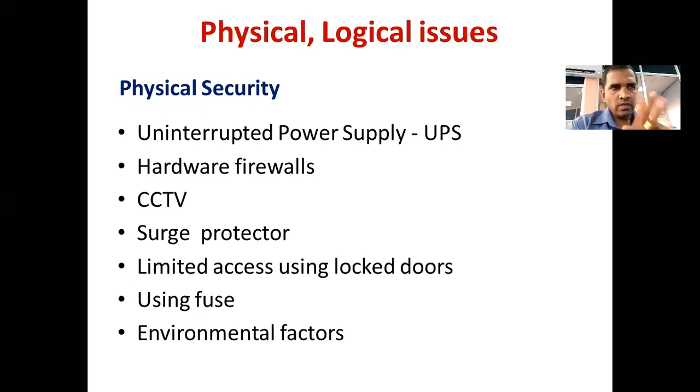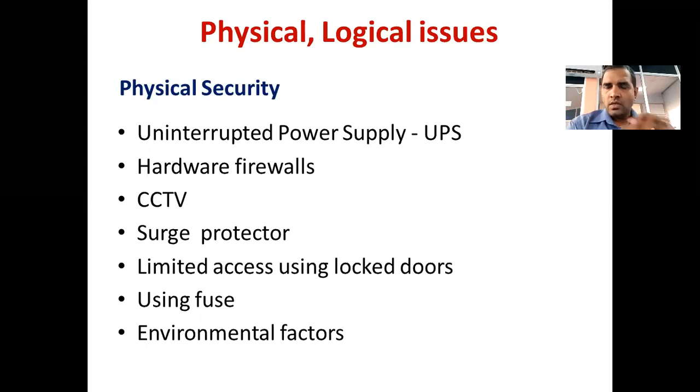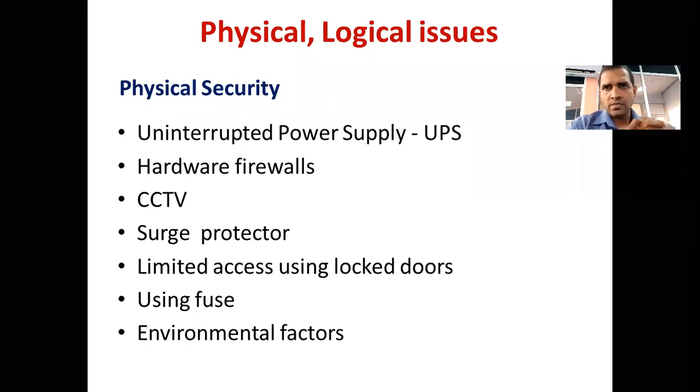Got it? Then CCTV, closed circuit television. CCTV is fitted in computer areas, computer rooms, and other surroundings in order to monitor the activities. If something happens, CCTV captures all the live video, and those things can easily be tracked.